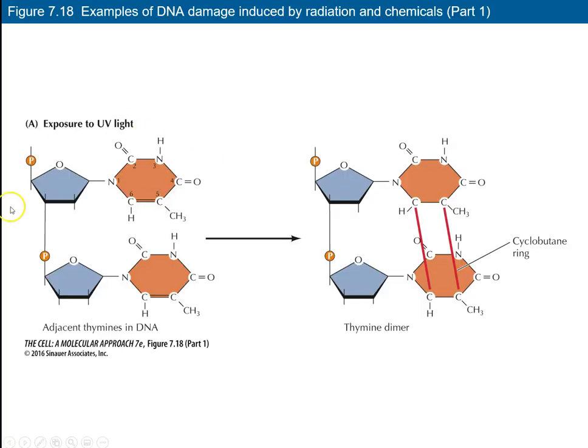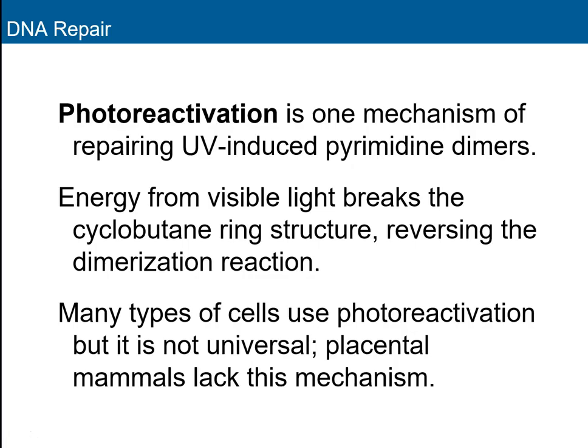This is showing you that exposure to UV light can cause this dimer to occur. A dimer is just 2 things coming together, with a bond that forms between them. Here are your normal 2 adjacent thymines in the DNA, and then they form this thymine dimer, bonding together. That creates a blip and a sort of blockage in the DNA.